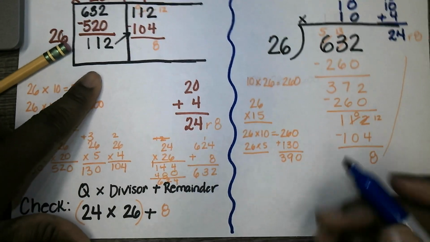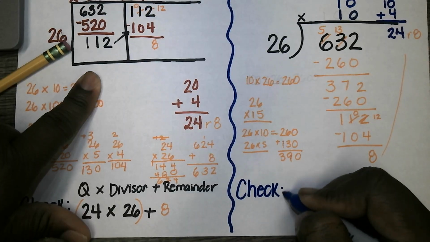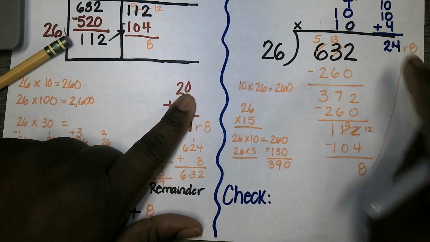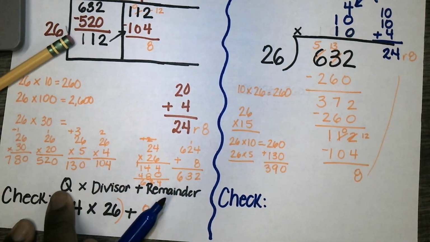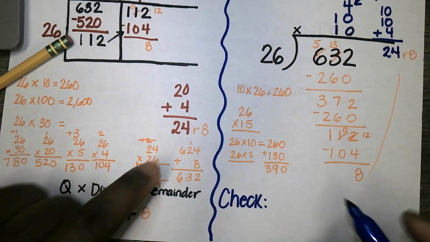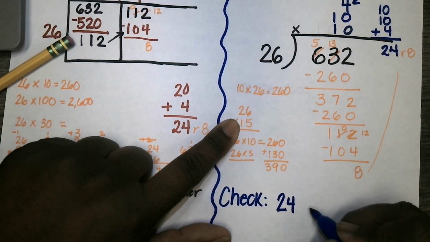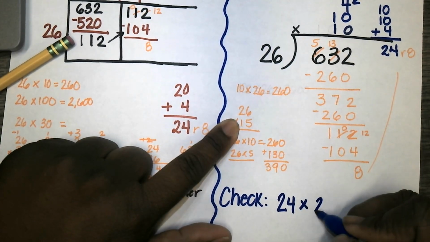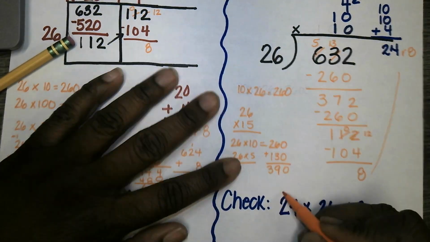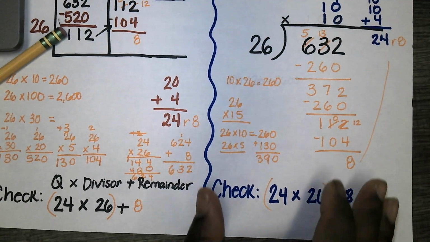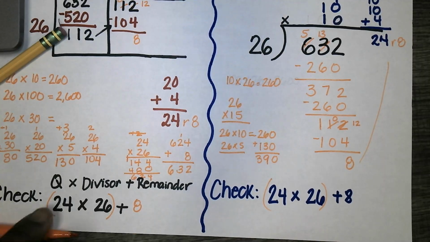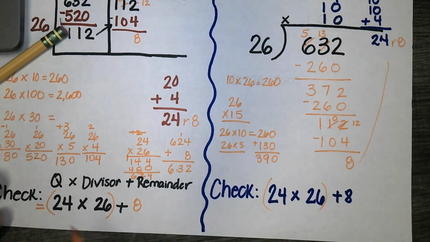So our equation to check it remains the same. This should not change. We have the quotient times the divisor plus anything remaining behind. So we got a total of 24 times 26 plus 8. Oh, I'm sorry, I missed the part where we put equal to.